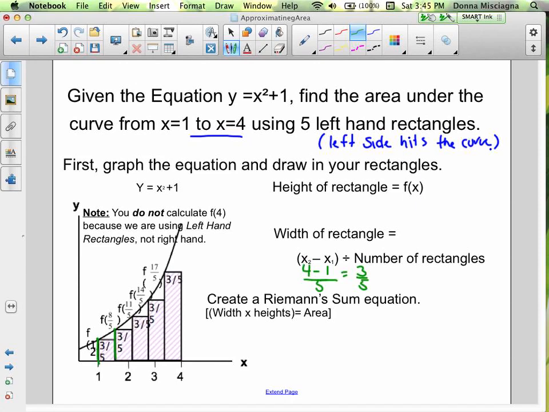So every single one of these rectangles has a width of 3/5. If I add 1 and 3/5, that's going to be 8/5. So right here x is 8/5, and we have to find the value of the function, and it has it listed above too.